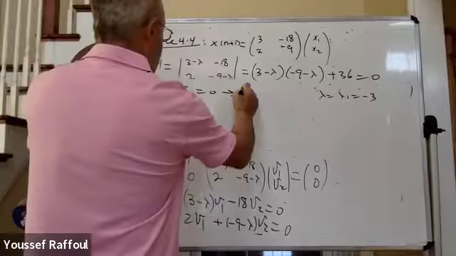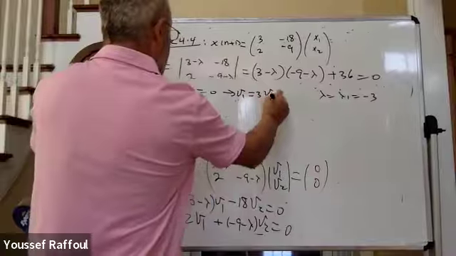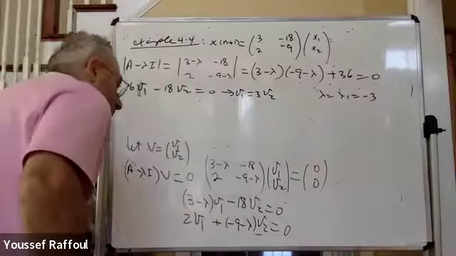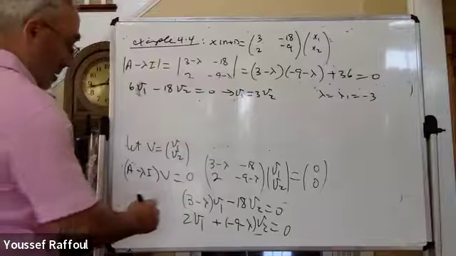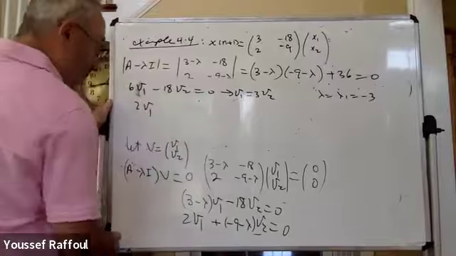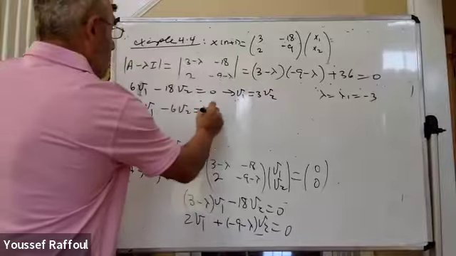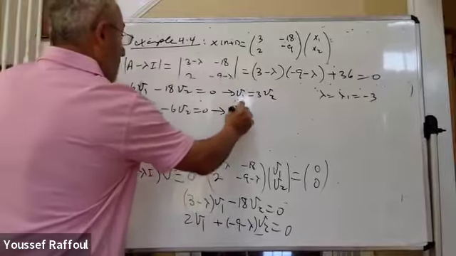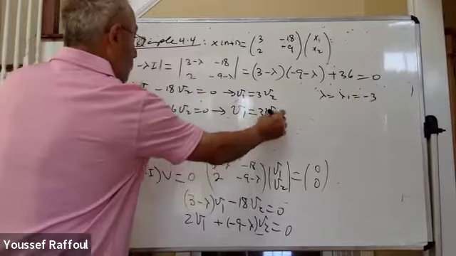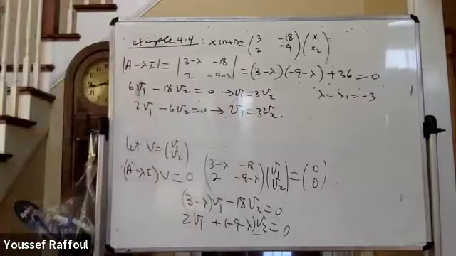That means V1 is 3 V2. And I have 2 V1 minus 6 V2 equals 0. That means V1 is 3 V2. That's it.